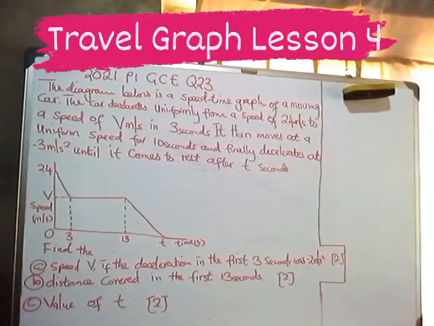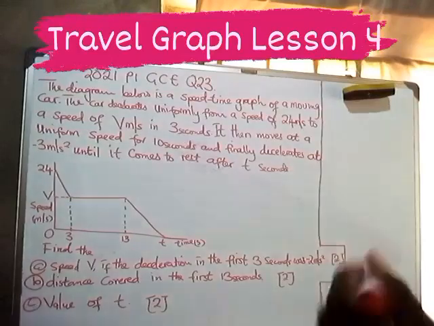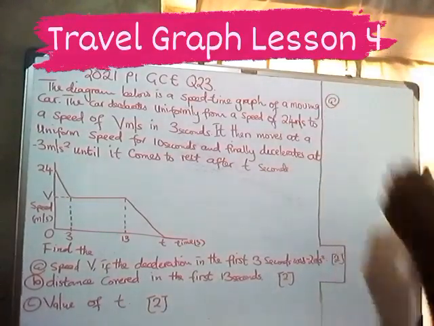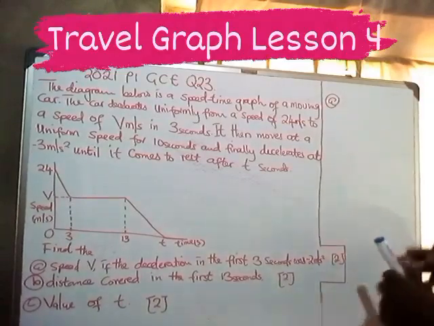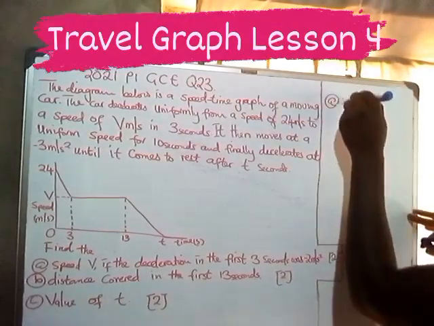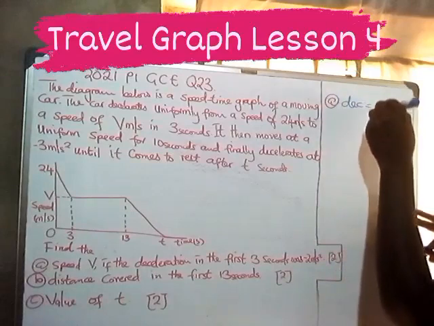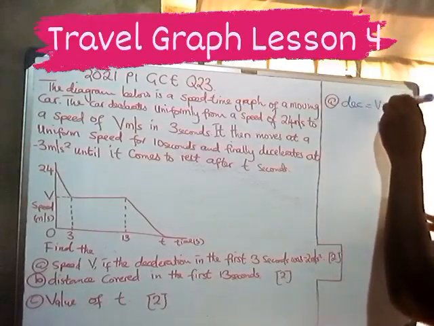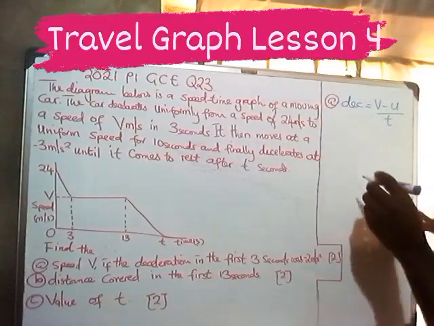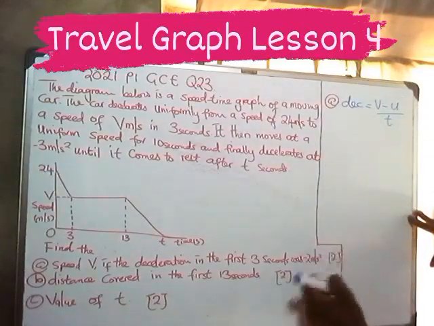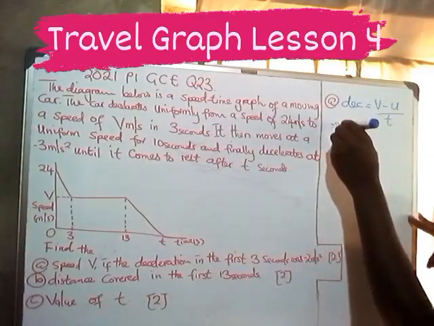So we are finding the deceleration where we have said deceleration is the same as acceleration. So I'm going to say the final velocity minus the initial velocity over time taken. So our deceleration, we have been given that it is -2.